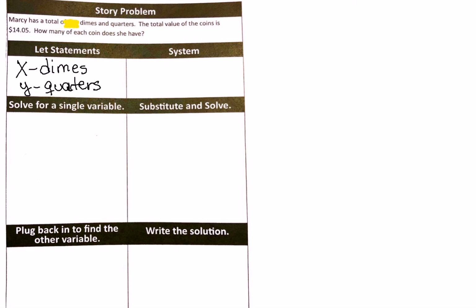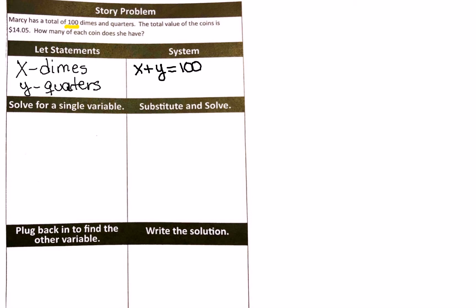Every time that you see the total, it means that we have to add the variables and they will be equal to that total. So if I add the amount of dimes, which is x, plus the amount of quarters, which is y, that should be equal to 100 coins in total.